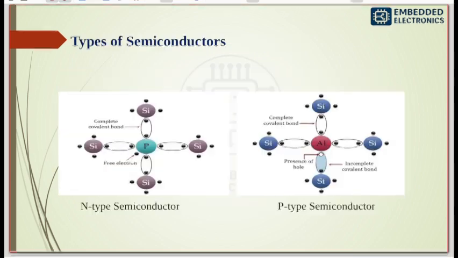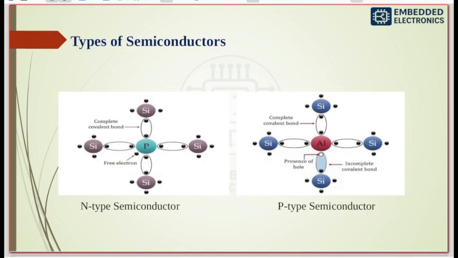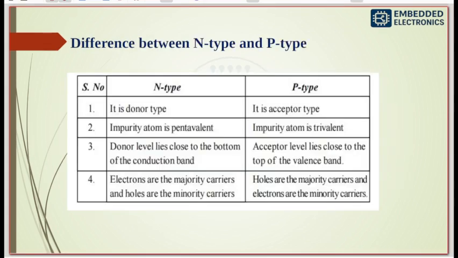Here the impurity atom is pentavalent, but here it is trivalent, meaning 3. The donor level lies close to the bottom of the conduction band, but the acceptor level lies close to the top of the valence band. Here electrons are the majority charge carriers and holes are the minority charge carriers. But here holes are the majority charge carriers and electrons are the minority charge carriers.